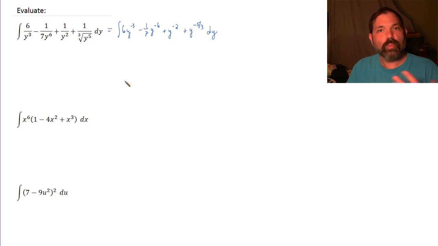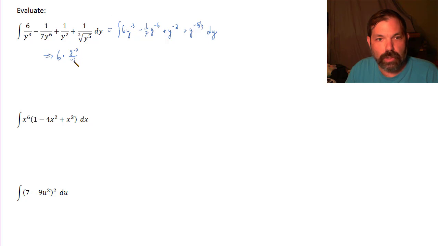All right, and now I won't break this up into the multiple integrals like I've been doing in past examples. We should hopefully understand the basic concept there. So then what I would get from there is 6 times y to the -2nd over -2 minus 1/7 times y to the negative fifth over negative 5 plus y to the negative first over negative 1 plus y to the negative 2/3 divided by negative 2/3 plus a constant.